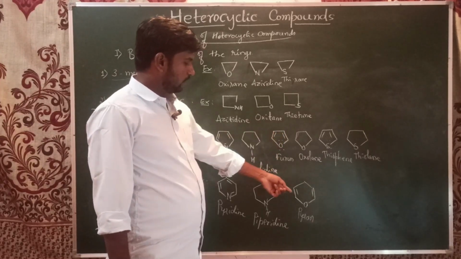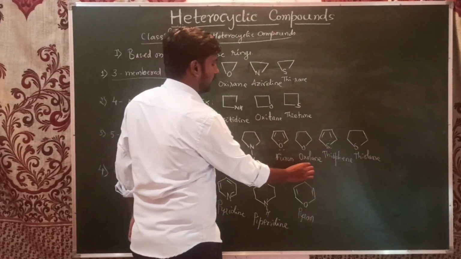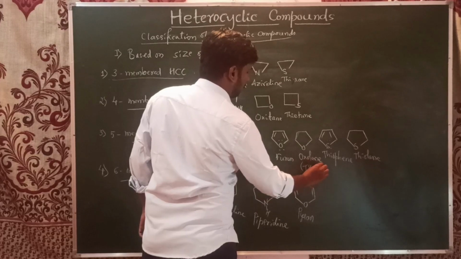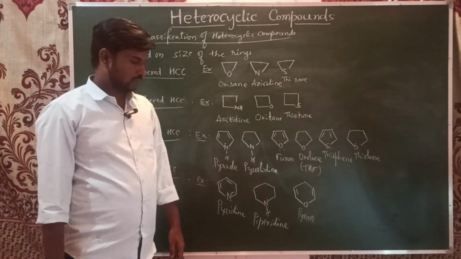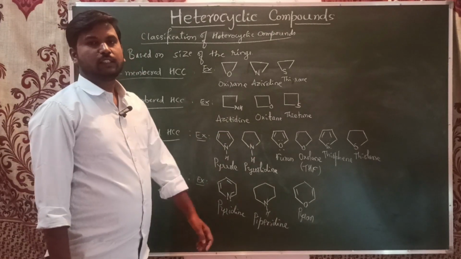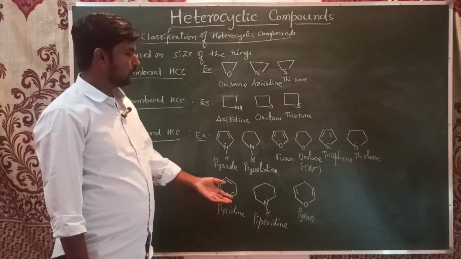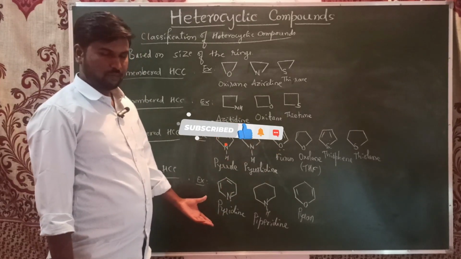So these are also involved in biomolecules. And this oxolane is also known as THF, tetrahydrofuran, which is a very good solvent, especially in spectroscopy. We use that solvent in NMR. Pyridine is also a solvent, and most of these compounds definitely have industrial applications.